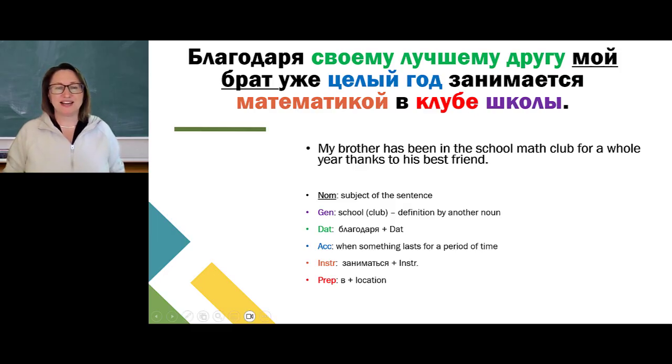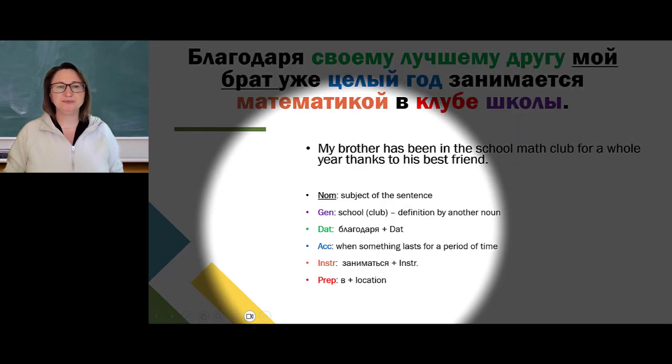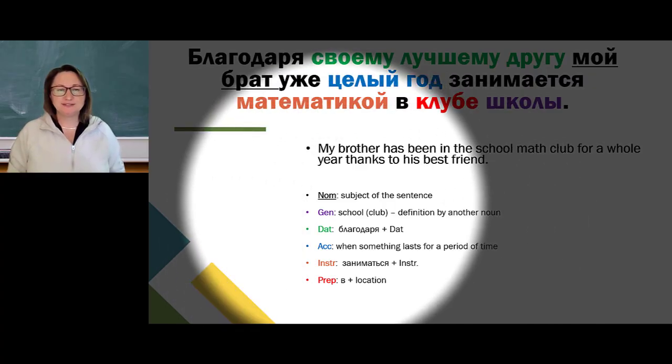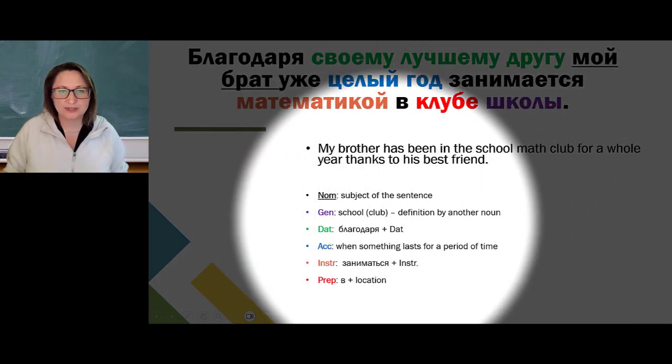Okay, so then they have here, nominative is the subject of a sentence, мой брат. Genitive is the word school, because school club, this is definition by another noun. We can say it different ways, but we can also say it в клубе школы. Dative, sorry, I got lost where my thing was.